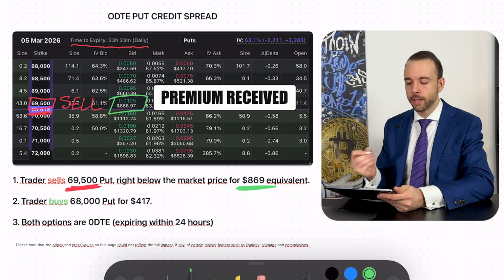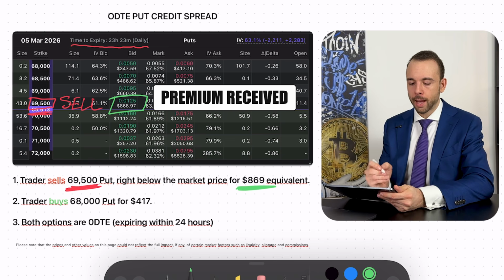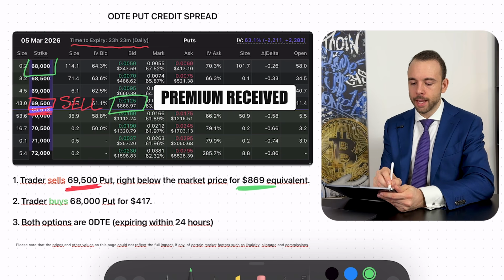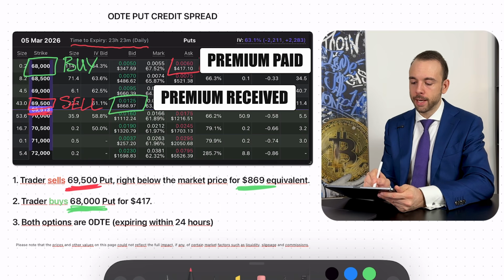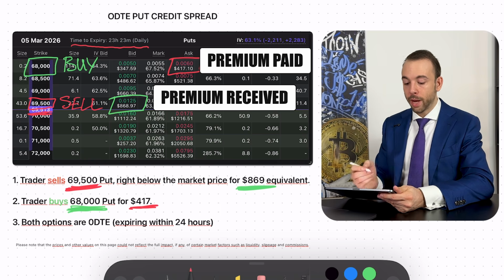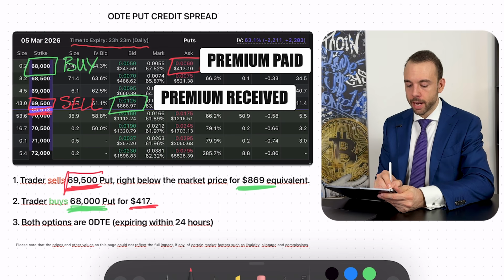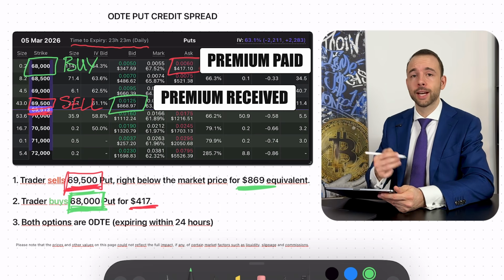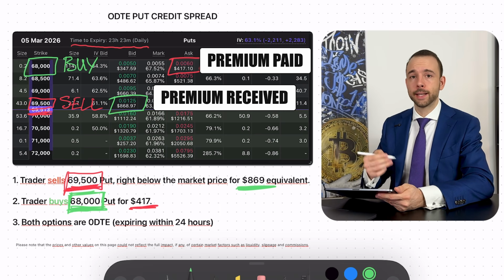Immediately after, the trader looks at the option chain one more time, looking at the strike price of $68,000, and immediately buys one put option at the strike price of $68,000, paying $417 for it. When the trader sells the put option with a higher strike price and immediately buys the put option with a lower strike price, in our case $68,000, this trade is called a credit spread, because after the 2 trades are done, the account is credited with a premium.